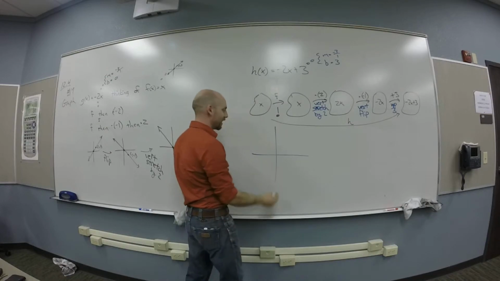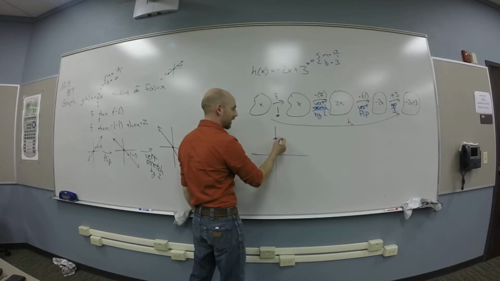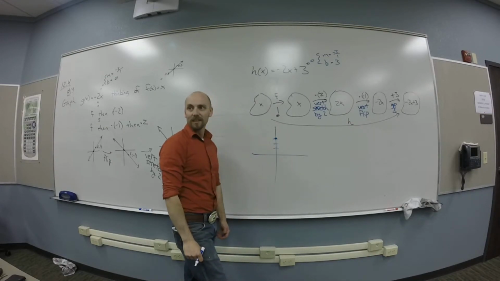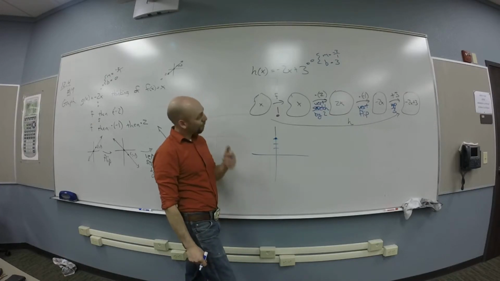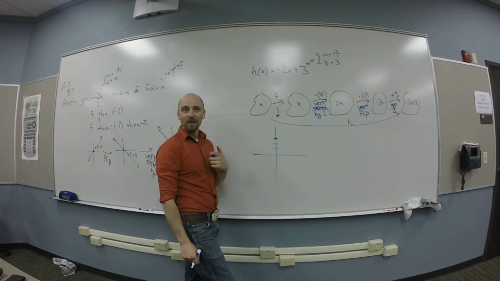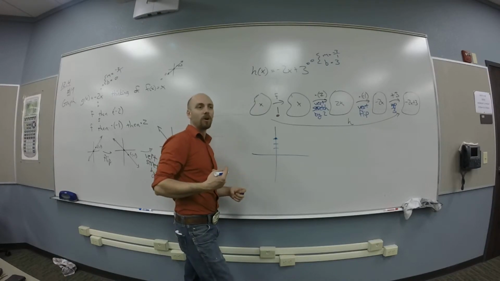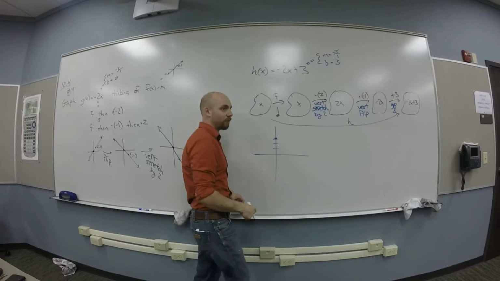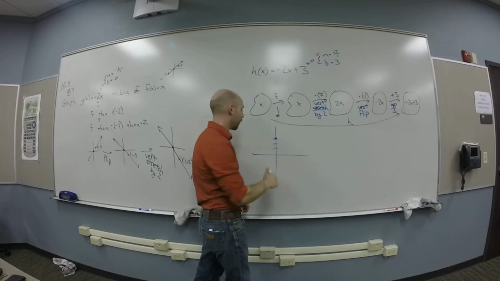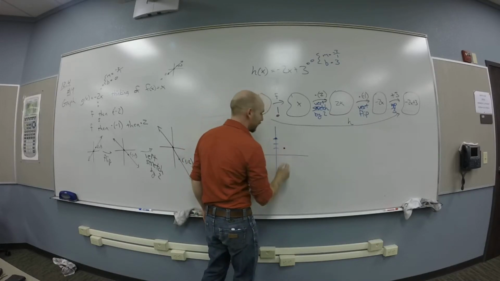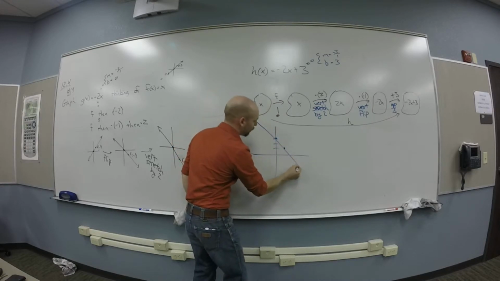Okay, so if b's 3, that means I start at 0 and 3, and then I go for the m. What's the m mean? Slope. It's rise over run, so I go over 1, down 2, or down 2, over 1, whatever. So I get to here. Bam.